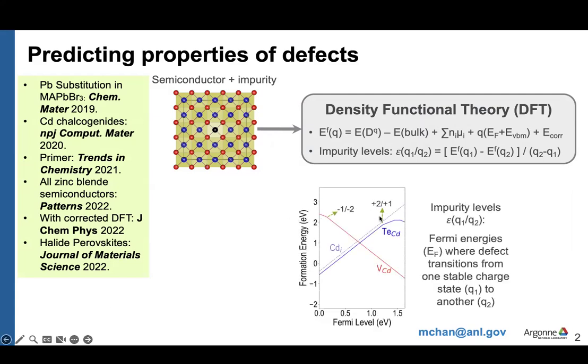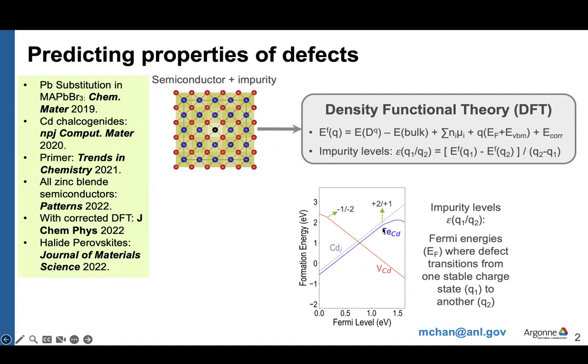When you calculate the defect total energy, you can also derive this type of defect formation energy diagram. It shows you the energy to make a defect as a function of Fermi level. In a semiconductor, the Fermi level, of course, ranges from the valence band maximum to the conduction band minimum.